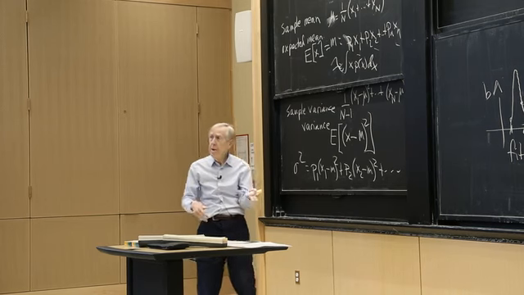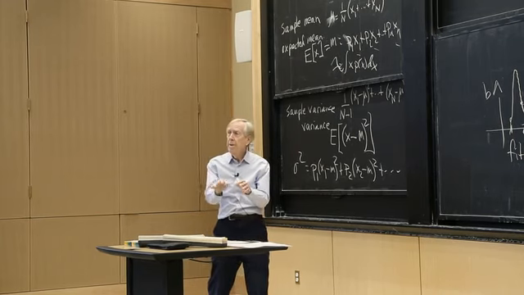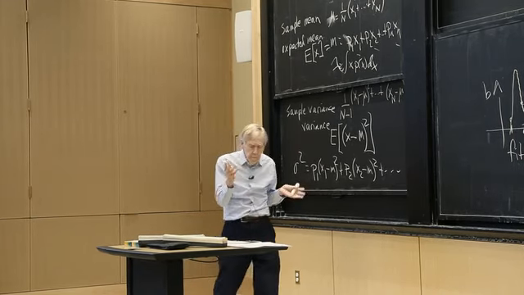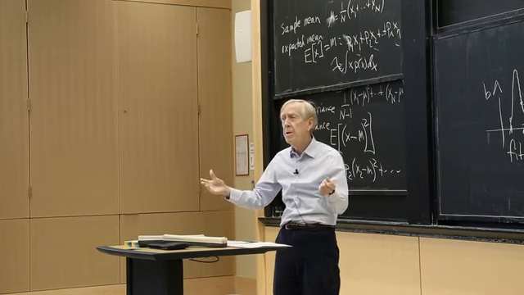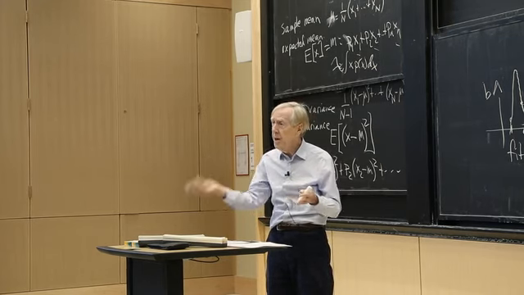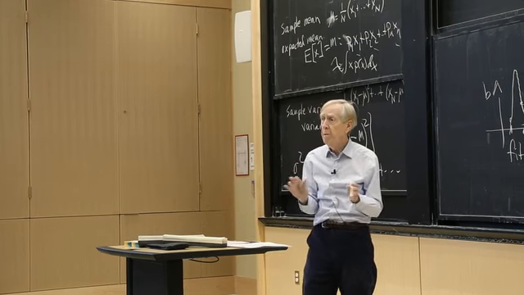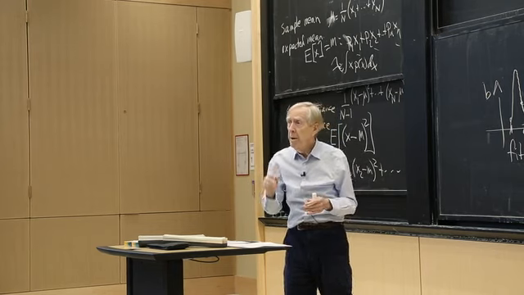Each one has its own probabilities. But together, I have to ask, so here are 2 easy cases. Suppose I'm flipping 2 coins. So that I might get heads, heads, I may get heads, tails, tails, heads, or tails, tails. 4 possibilities, 4 possible outputs there, 4 possible pairs.